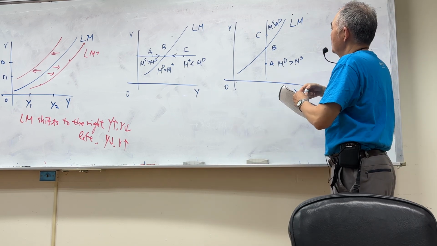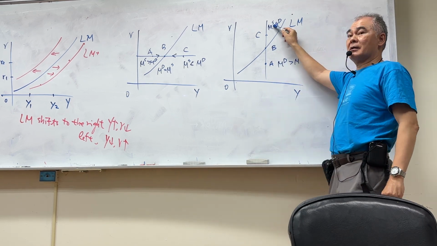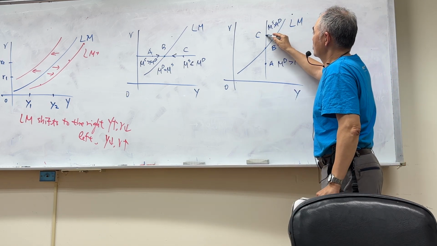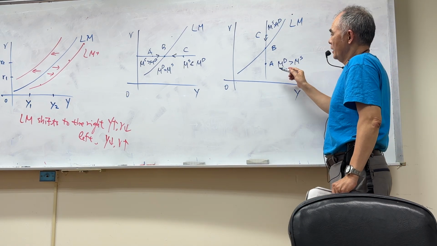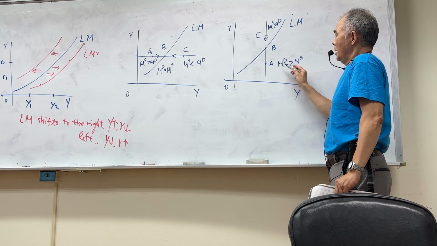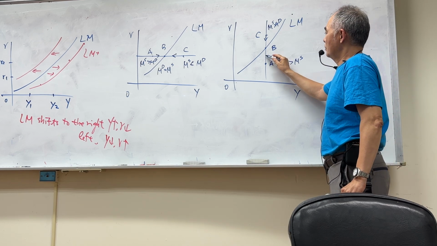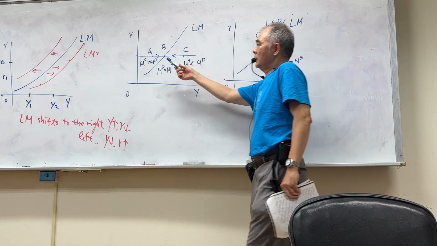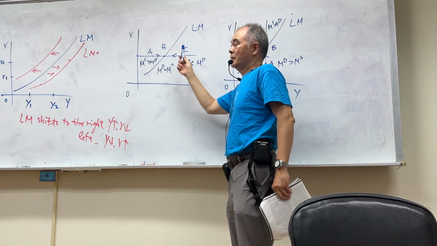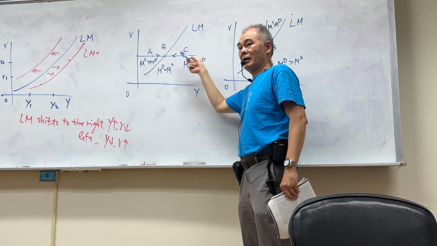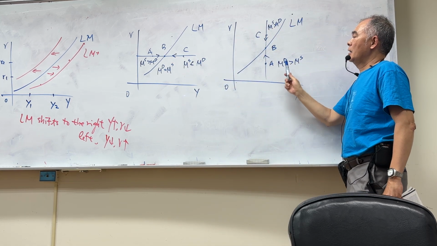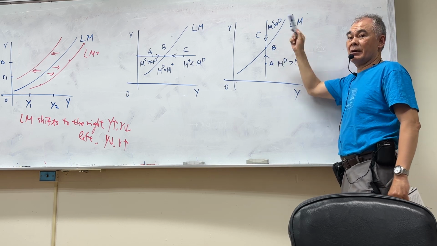Because there's more money supply, the interest rate will go down, and here you have more money demand, so interest rate will go up. So here the direction is to the right, the direction is to the left, and here the direction is up, and here is down.